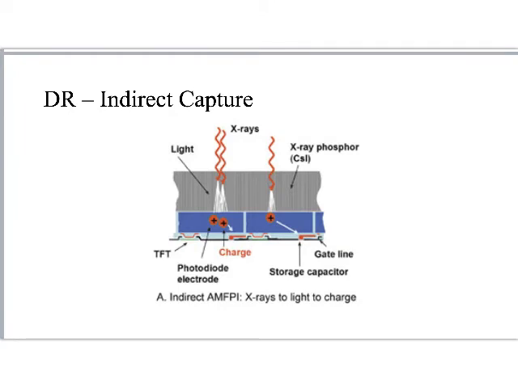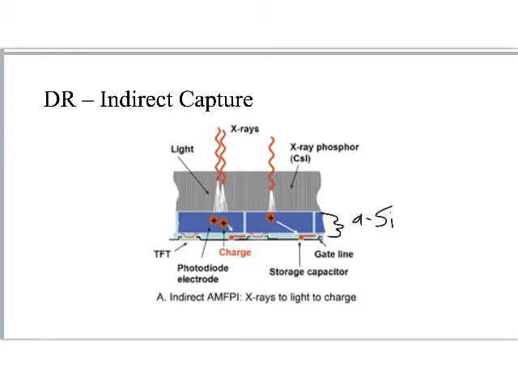Okay, versus an indirect capture system, this is going to have X-rays incident on some kind of crystal system. Sometimes it's cesium iodide, like in this instance. It doesn't tell us this here, so I want to indicate something important: where before we had amorphous selenium on the direct capture system, this is going to be amorphous silicon here, abbreviated A-S I believe.